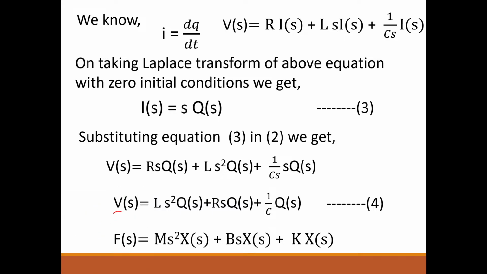So V is analogous to F. In a mechanical system, if F, force, is there, in the electrical system I can replace F with V. In a mechanical system, if M is there, I can replace M with L. If B is there, I can replace B with R. If K is there, I can replace K with 1 by C.